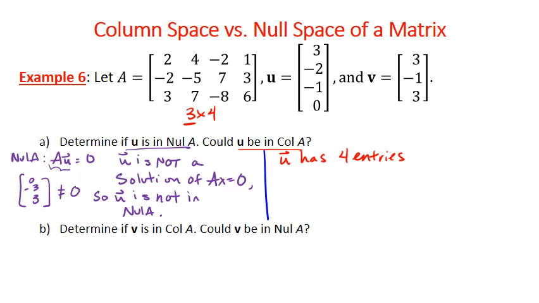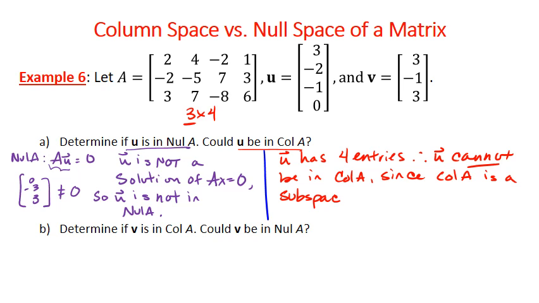So if u has 4 entries, it cannot be in the column space of A, since the column space of A is a subspace of R3. So I'll write that down. Since there are 4 entries, this vector cannot be in the column space of A, since the column space of A is a subspace of R3. Okay, so this is just too big.